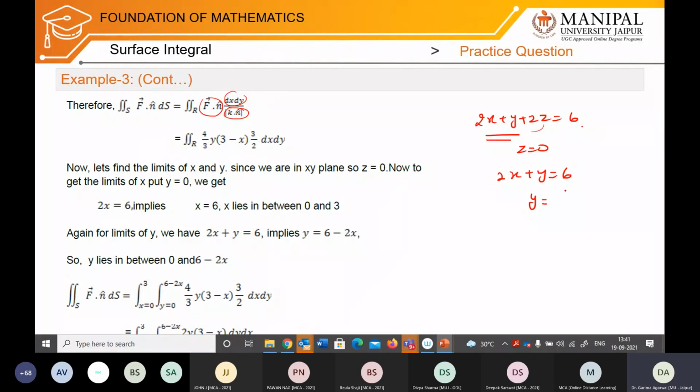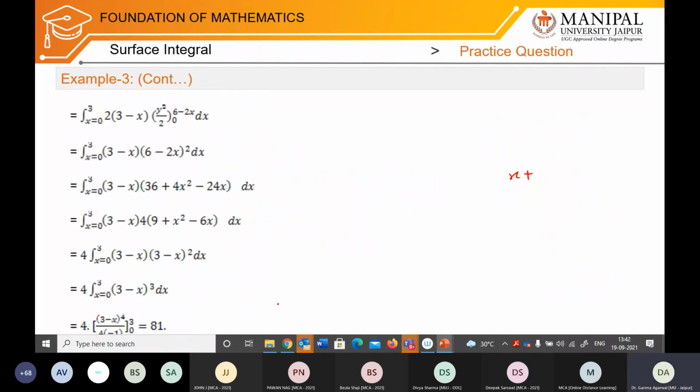So the limit of y is 6 minus 2x. If I am doing integration in the xy plane, the lower limit of y will be 0 and the upper limit is 6 minus 2x. So 0 to 6 minus 2x. Now hide this y. The value of x will be 3. So the upper limit of x is 3. Right? Then find the simple integration. That's it.